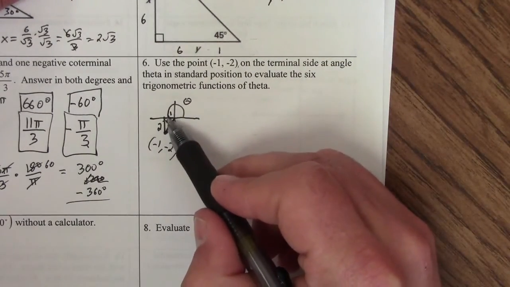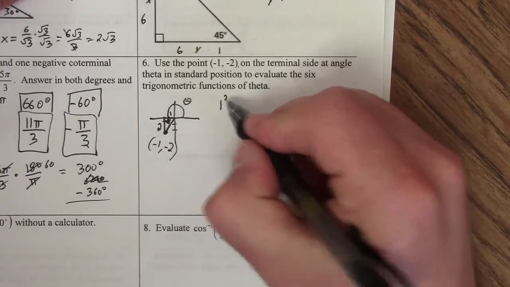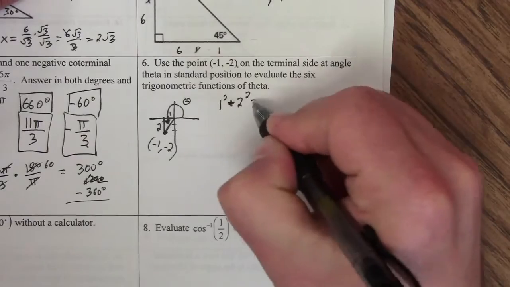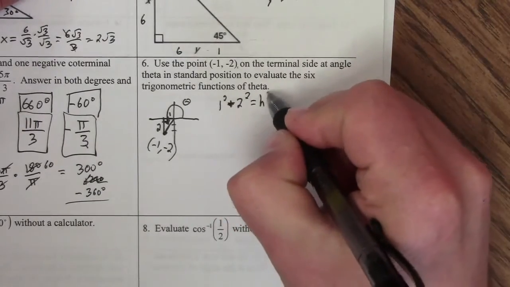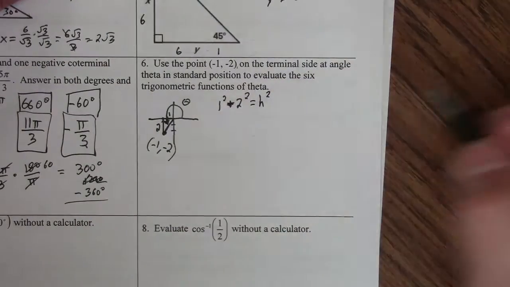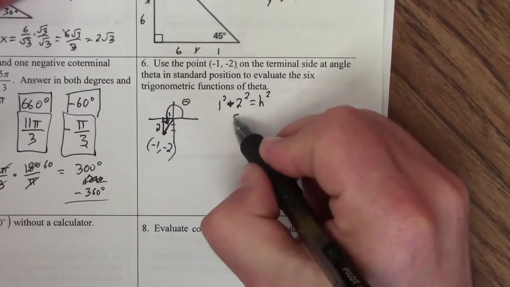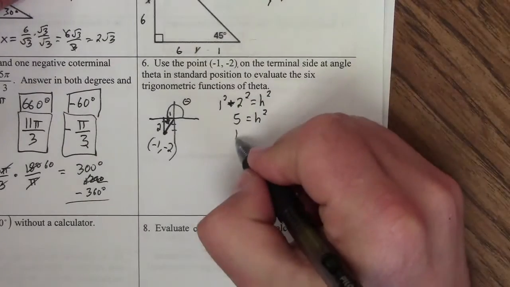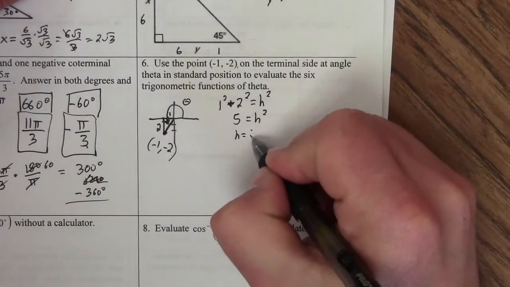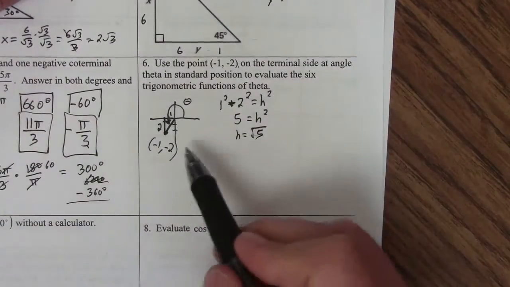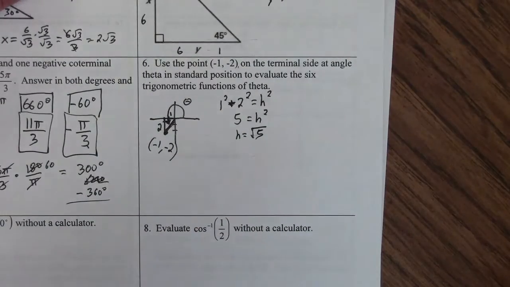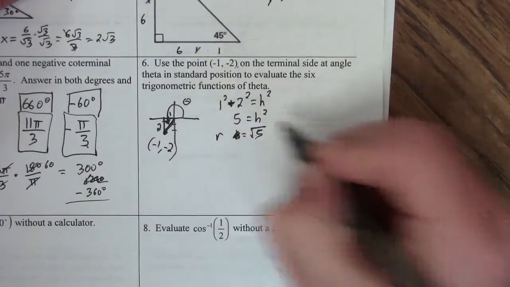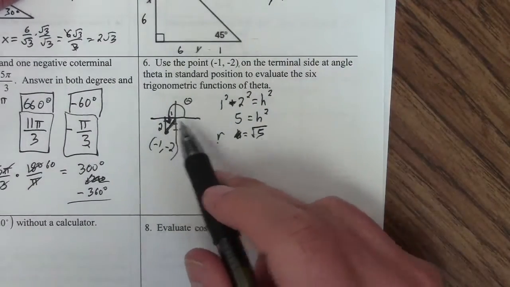Knowing this is a right triangle, we can figure out the hypotenuse. 1 squared plus 2 squared would have to equal the hypotenuse squared, so that would be 5. So this hypotenuse would have to be rad 5. We actually don't call this a hypotenuse in this case, we call it the radius. So I'm going to change my h to an r there. So the radius is rad 5.